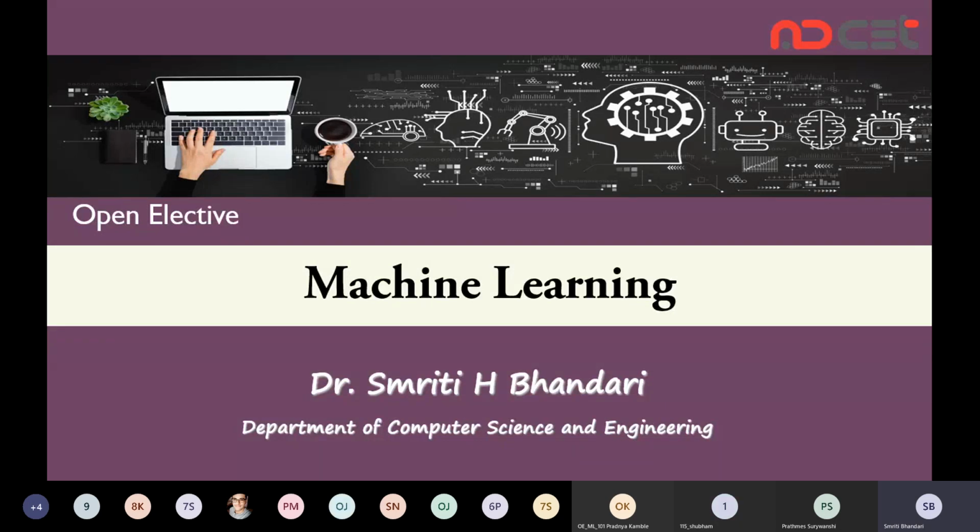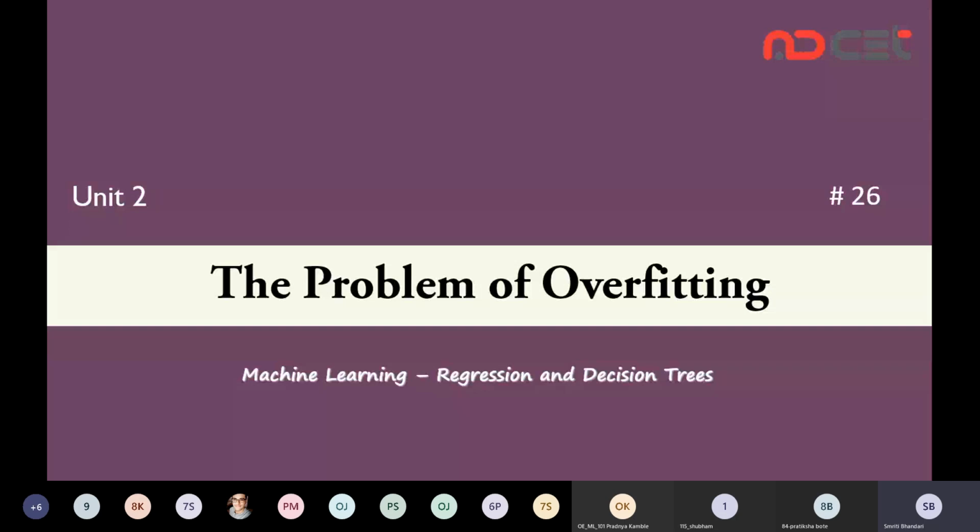So let's start the discussion with respect to the problem of overfitting. In the last session, we had a discussion about the cost function of logistic regression.